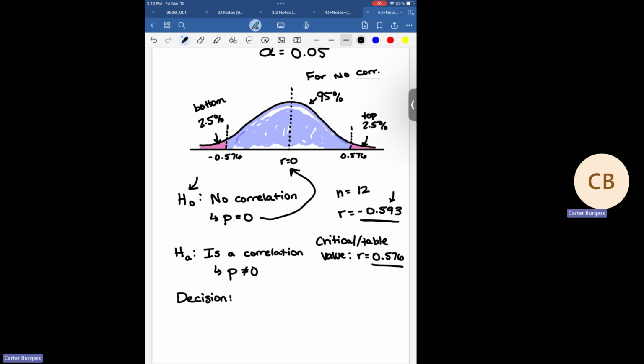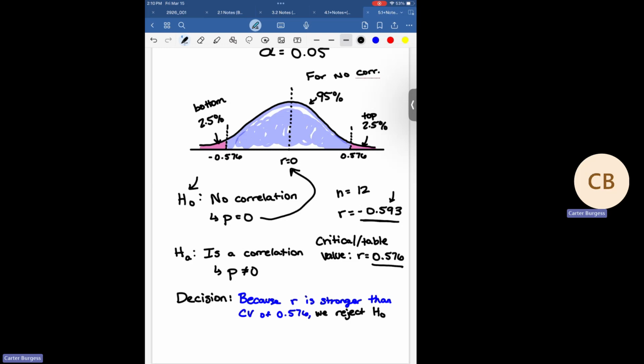And so, you don't have to write all of this, but because our R is stronger than what we see on the table, stronger than the critical value of 0.576, we reject the null hypothesis.